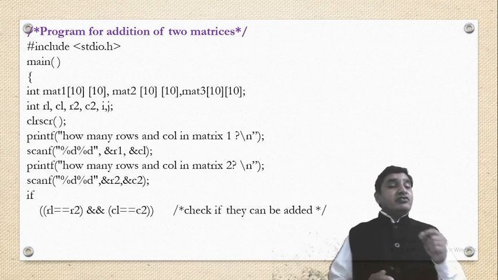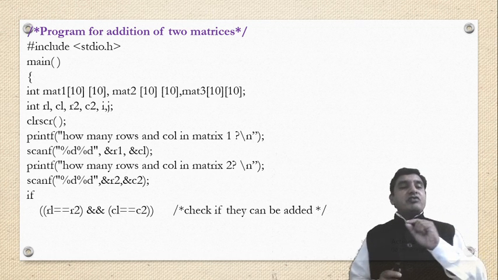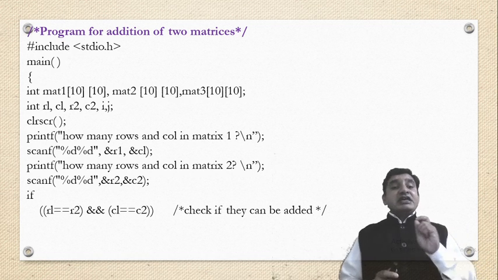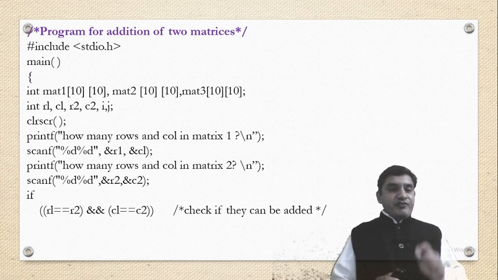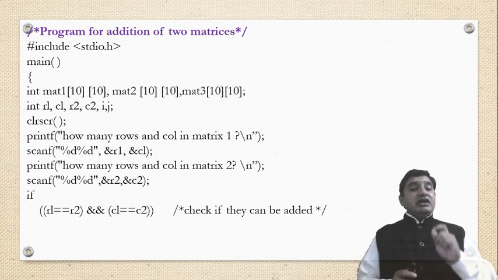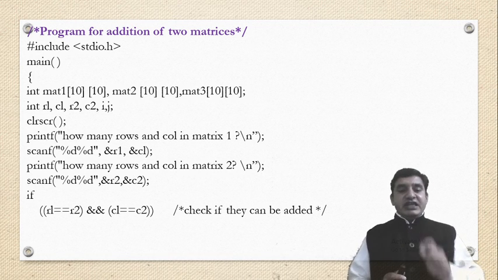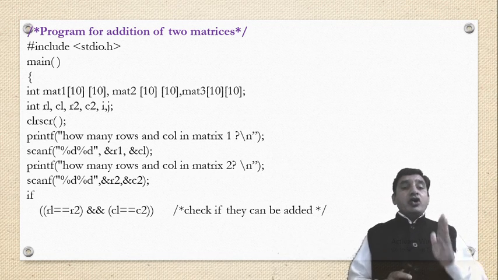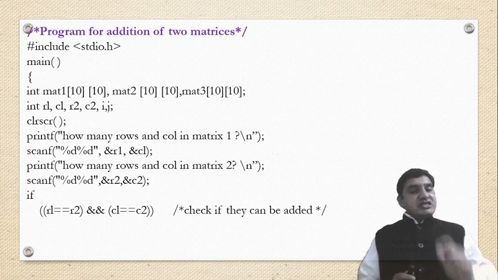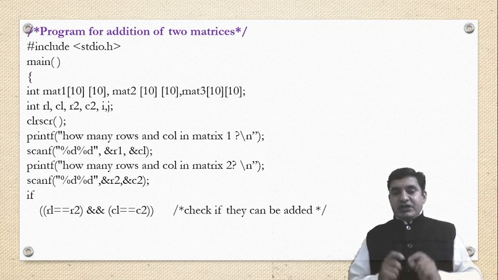Okay, now we have to check a particular condition. For that we use an if statement. If R1 is equal to R2, that is, the number of rows of the first matrix is equal to the number of rows of the second matrix, and if C1 is equal to C2, that is, the number of columns of the first matrix is equal to the number of columns of the second matrix.